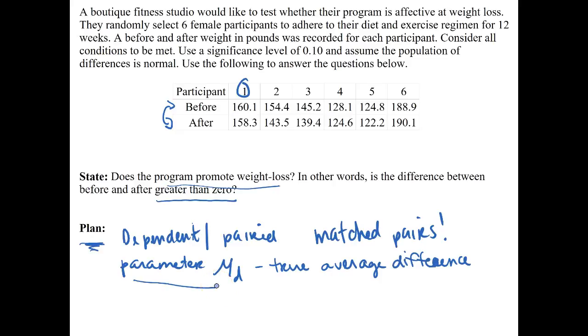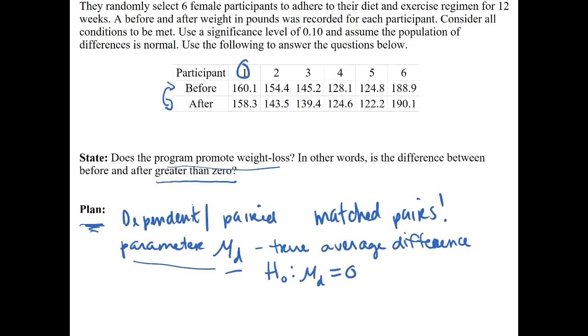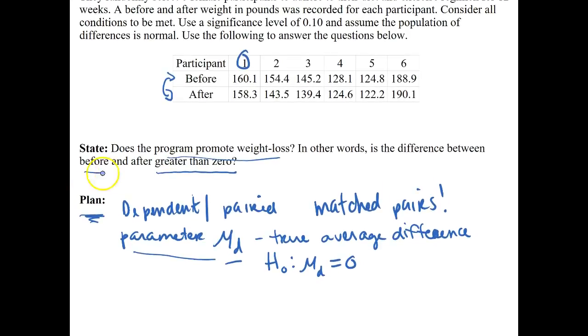And so our null and alternative hypotheses will be concerning this parameter. The null hypothesis is H naught: mu d is equal to 0. It's always a statement of equality, and the alternative hypothesis will reflect our question of interest. Because we want to know whether or not the program actually reduces weights, if we take the difference between before and then subtract off after, if they lost weight, these will be positive values.